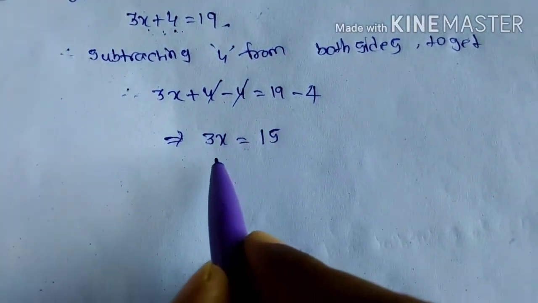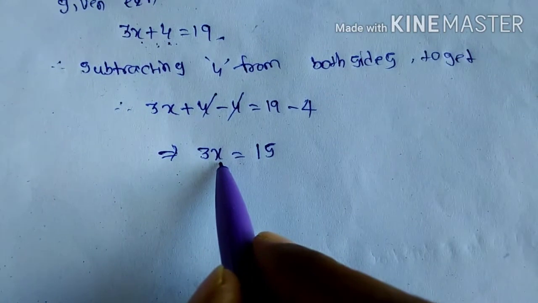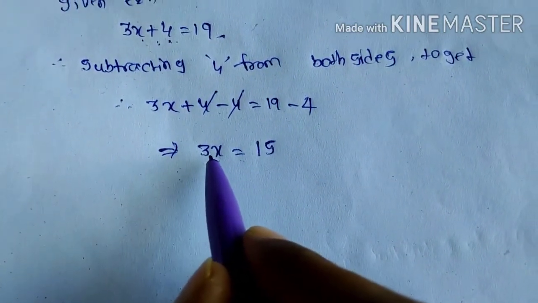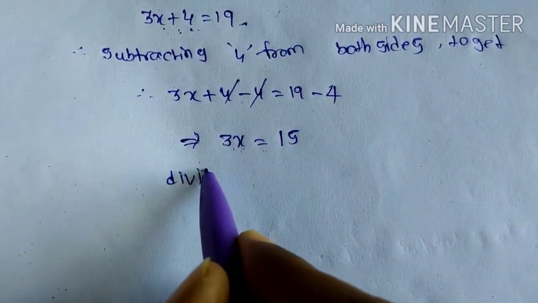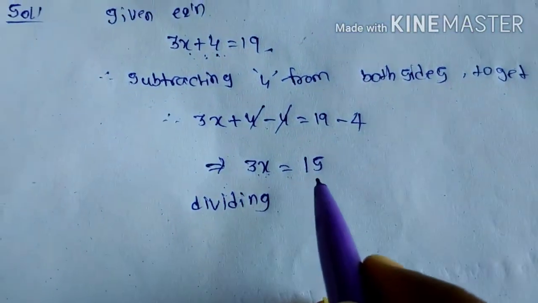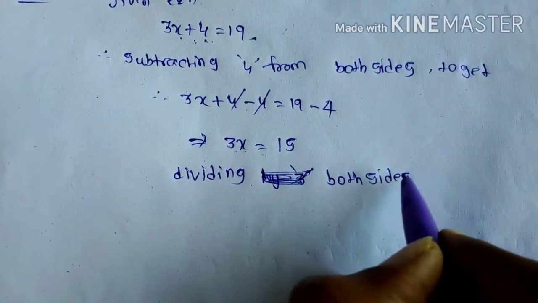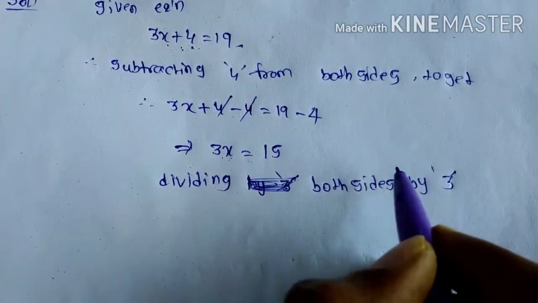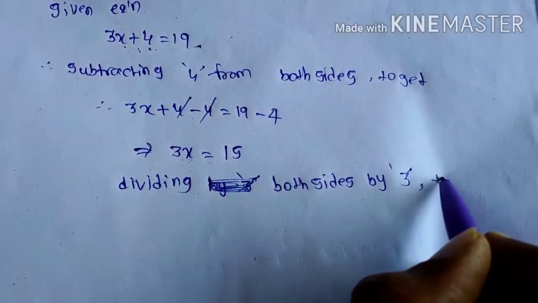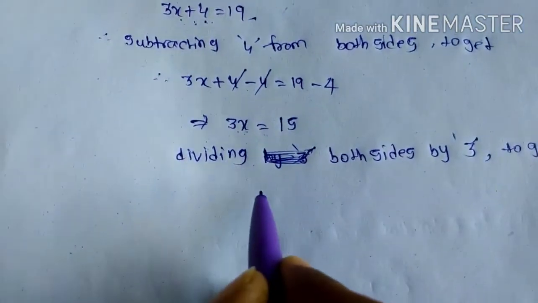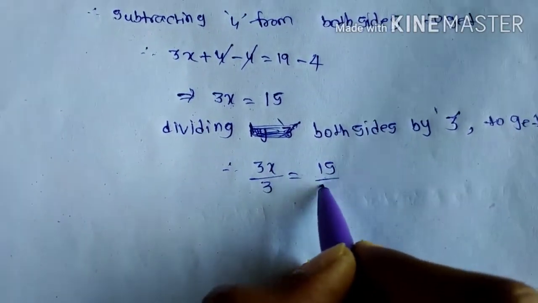Yes. Once you observe the LHS, we have 3x but we need to find only the x value. Yes or no? It is 3 times x, so you can write dividing both sides by 3 to get 3x by 3 is equal to 15 by 3.